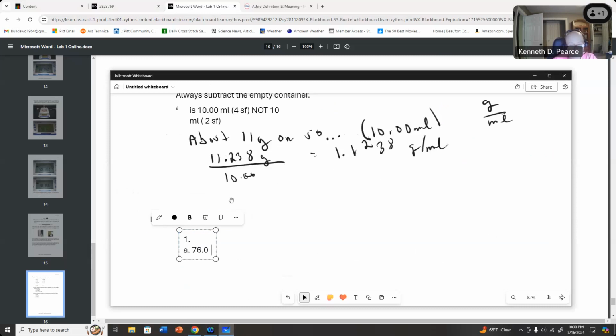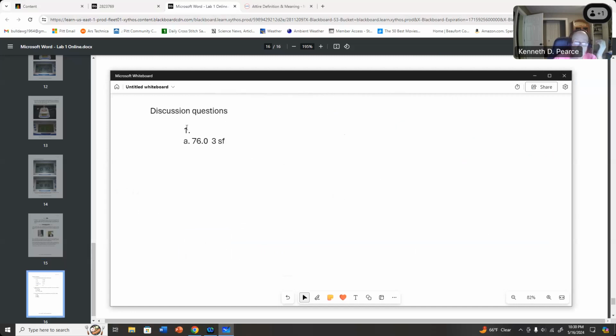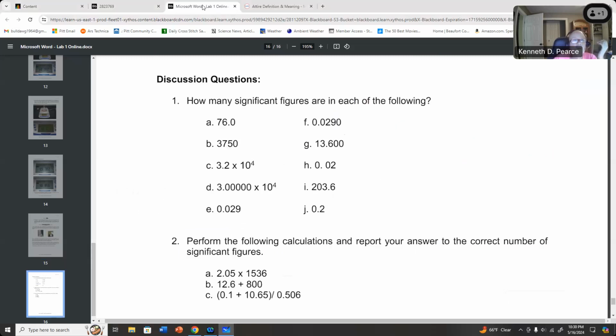That is 3. Yep, trailing zeros are not significant unless you have a decimal somewhere, so you write down 3 SF. What you don't want to do is just say A, 3 SF. We need to see that if you look at this again a month from now, you should be able to say, oh yeah, that was 3 sig figs. It's 76.0. And you do that for all discussion questions. Just write them out. That's all you have to do.